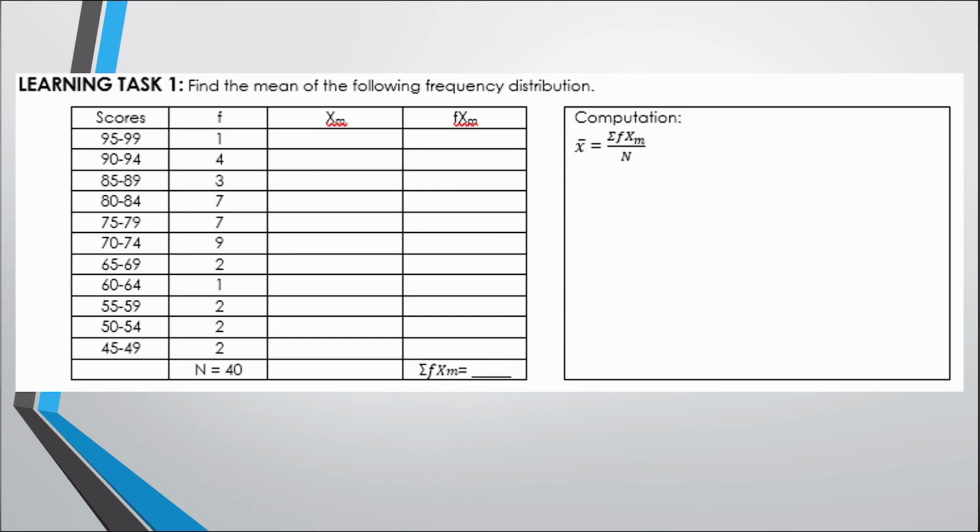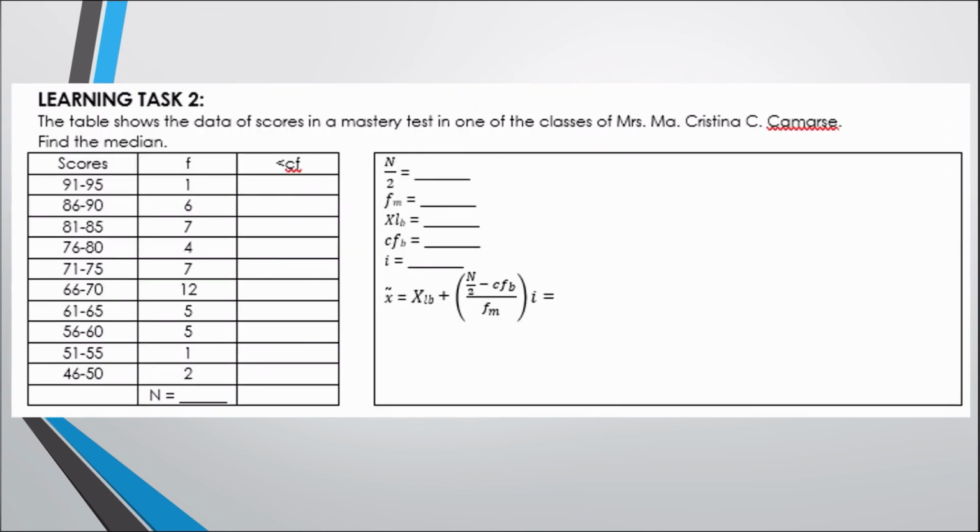Now, for your learning task 1, you are going to find the mean of the following frequency distribution. So, susulat nyo lang dito yung median class at yung fx sub m. So, ipag-multiply nyo lang yung f at ito para makuha to, and then find the total. Tapos, you are going to write the computation para makuha ang mean. Okay? Next, you are going to find the median.